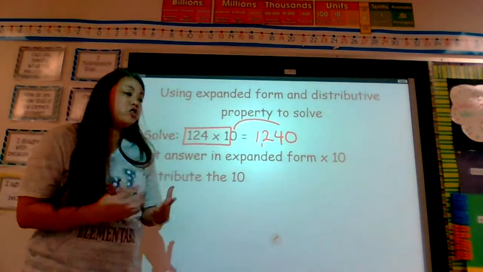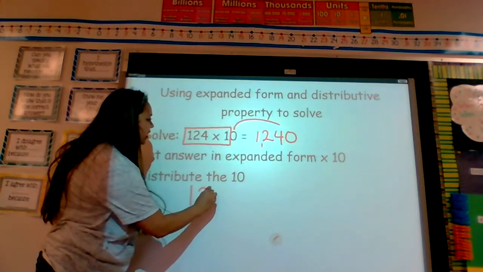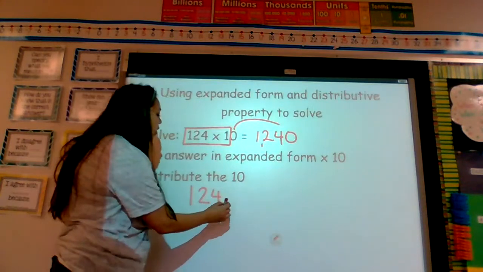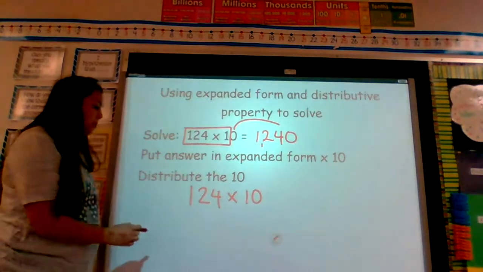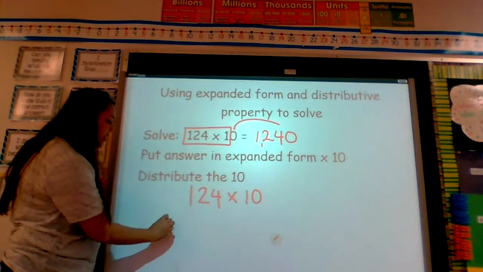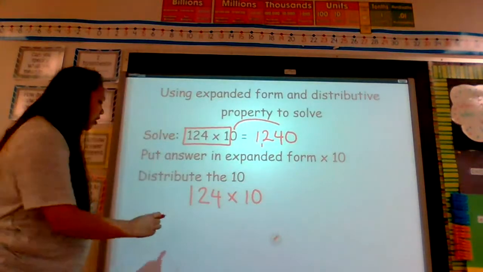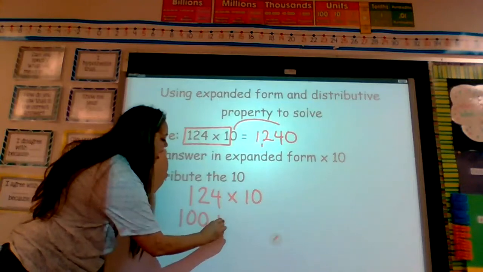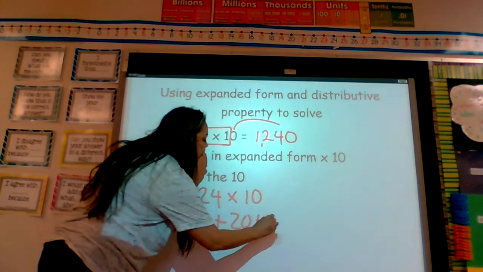Now, to do the distributive property, all you have to know is how to put this in expanded form and then distribute. So I'm going to write the problem here. I'm going to put this number in expanded form. And you guys remember expand means making it bigger, so this is 100 plus 20 plus 4.